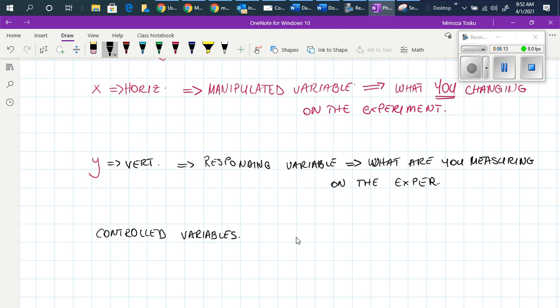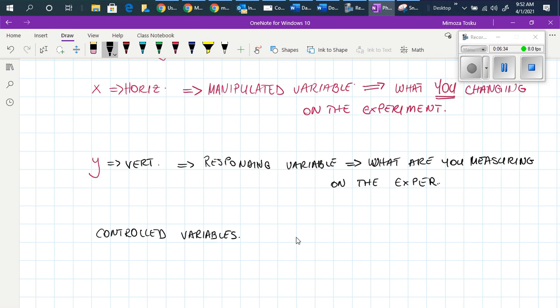So sometimes it's just the variable in the vertical axis, and sometimes it's a manipulated form of either the manipulated variable or the responding variable in the corresponding x-axis or y-axis.